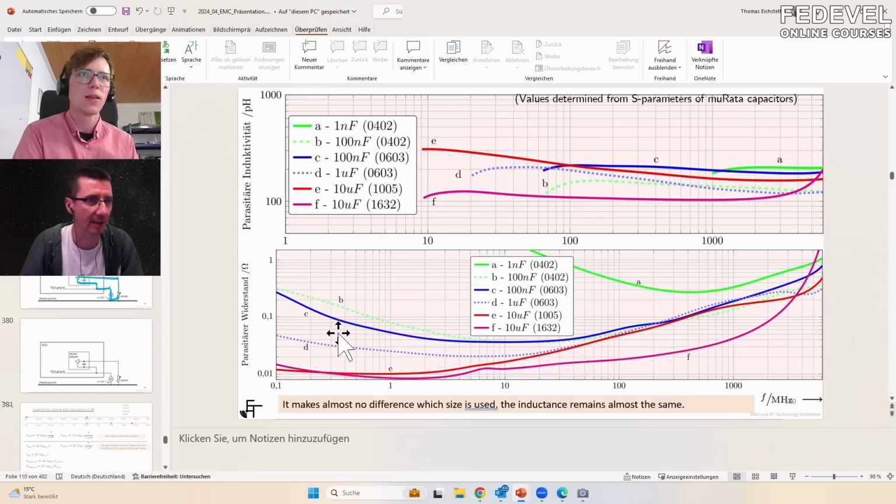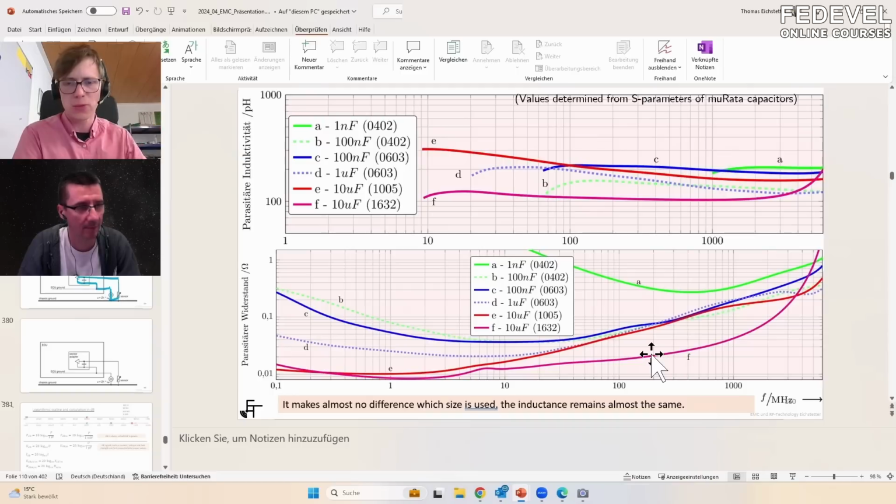I understand. When you use, let's say, the 10 microfarad, you are somewhere here in this region. It's not exact. It's also changing depending on what size you have and which material you have. But somewhere in this region, let's say below 100 milliohms but more than 10 milliohms.